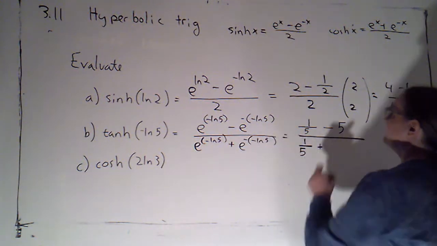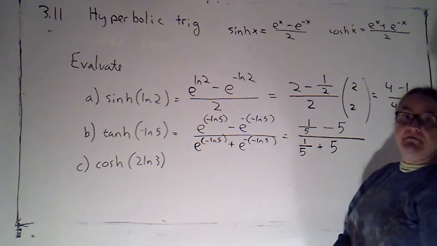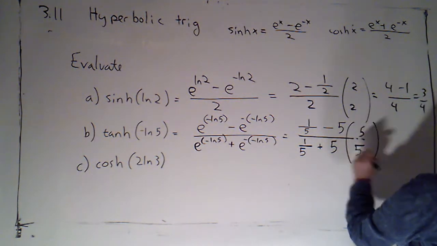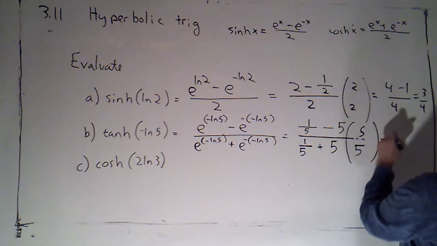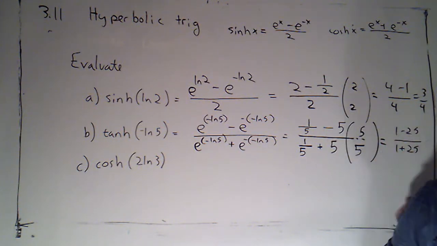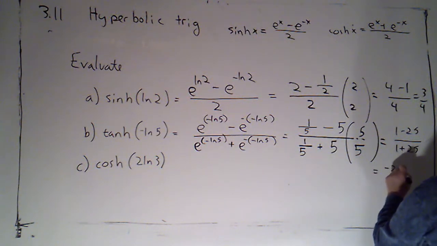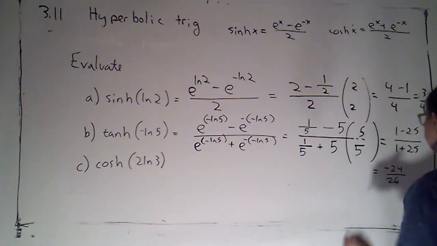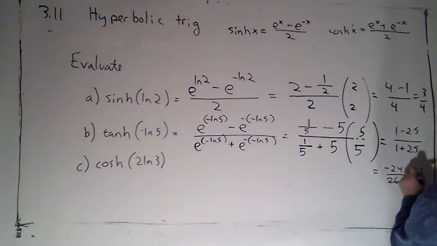And then here, I'm just adding 5. Again, complex fraction, let's multiply by 1 in the form of 5/5. So that's going to give me 1 minus 25 over 1 plus 25. So that's going to give me negative 24 over 26. And I can reduce that to negative 12 over 13.